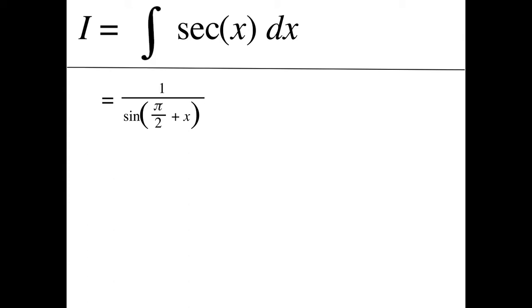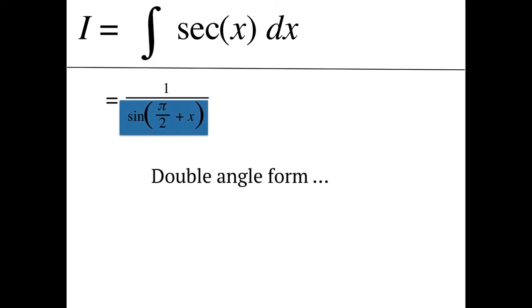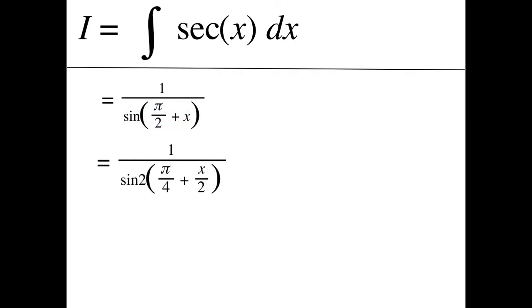Now can you change this type of expression into the double angle form? Just try this out. It's pretty easy and it's pretty fun. How can you change this into double angle form? If you said that it can be changed in this way, you're pretty much correct. So 1 divided by sine of 2 times (pi over 4 plus x by 2).